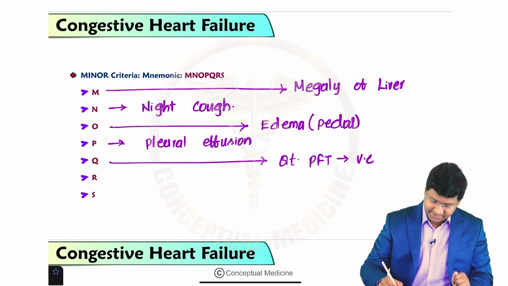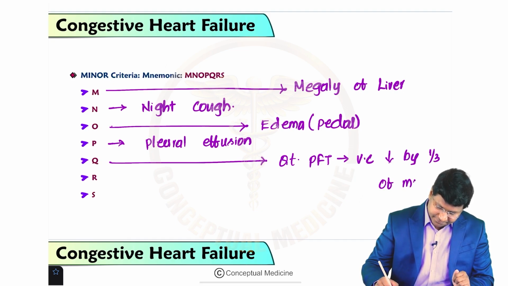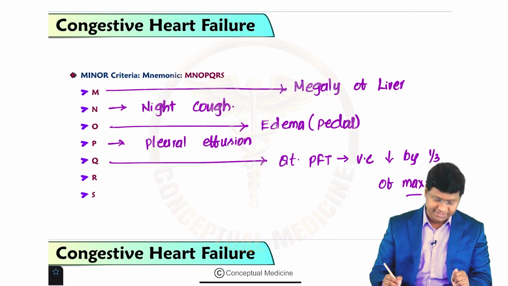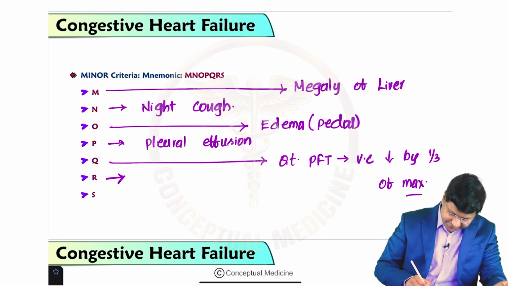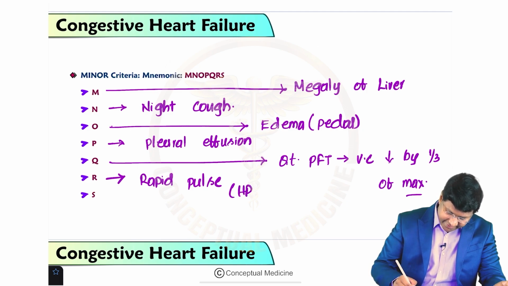Vital capacity is reduced by 1/3 of maximum. And the word R will be a rapid pulse, where the individual will have tachycardia, where the heart rate will be more than 120 per minute.